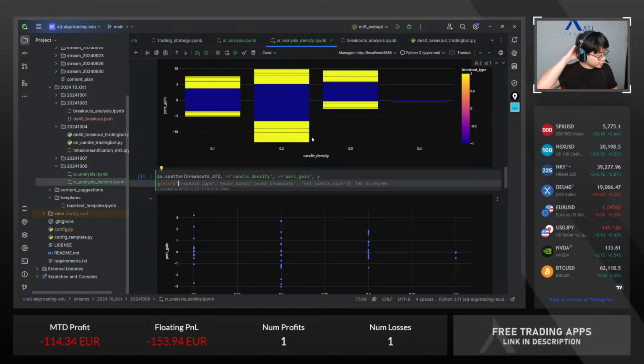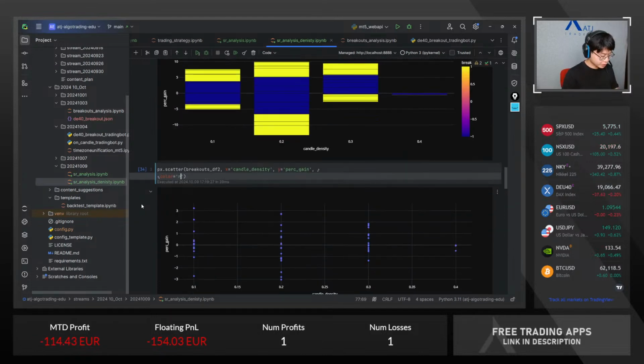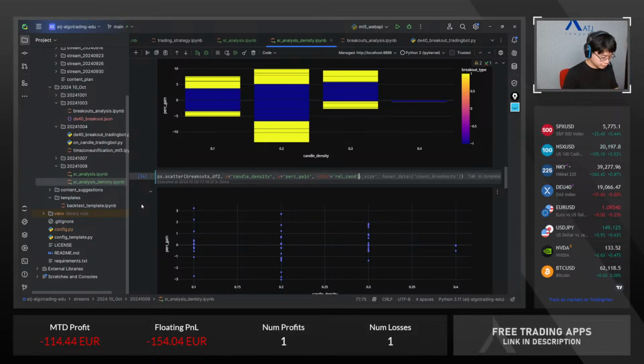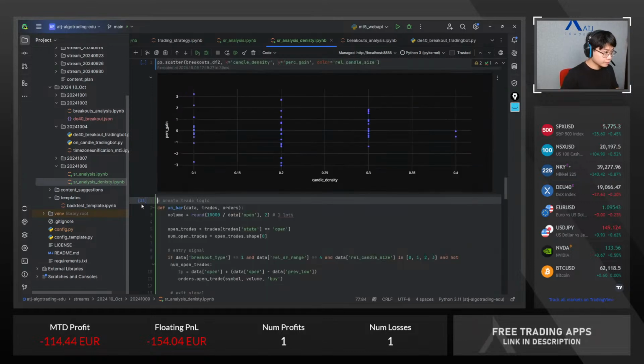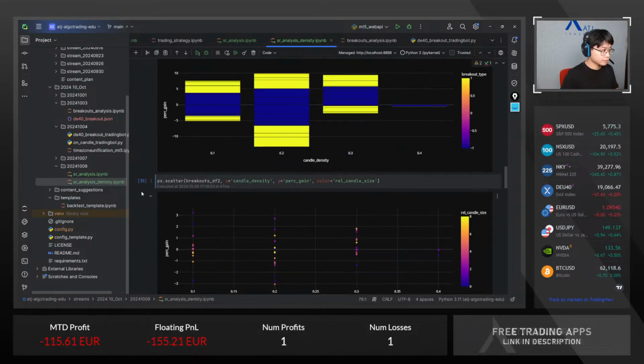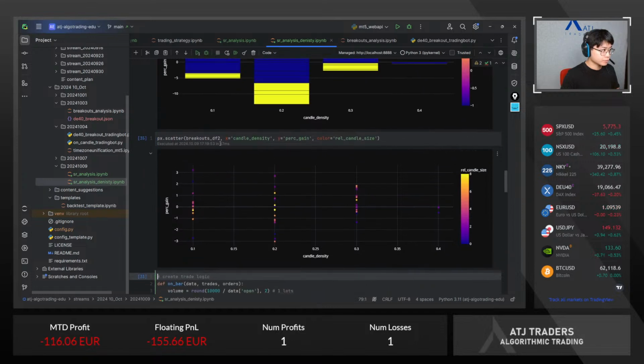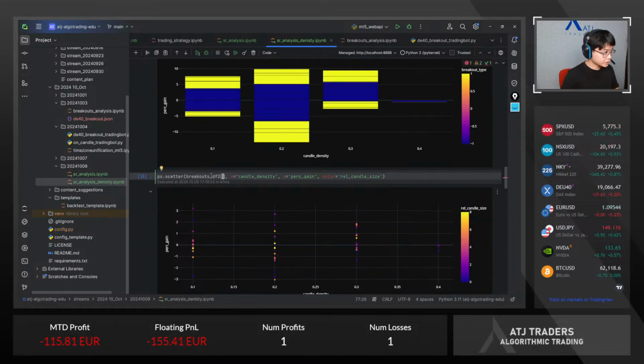I think I can separate it then in two categories. So if you want to check the buy and sell, we can separate that. So I'm now instead just going to separate it by a relative candle size. And here I'm going to investigate breakout type is equal to 1.